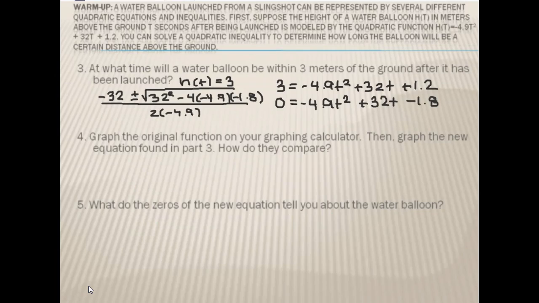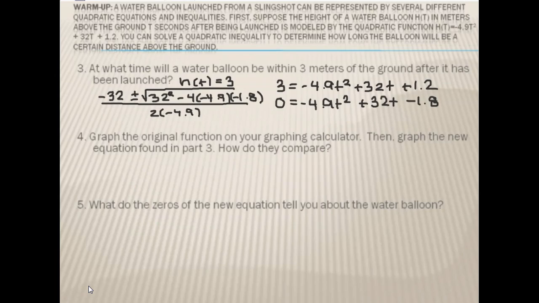So 32 squared minus 4 times negative 4.9 times negative 1.8. That is going to remain a negative because negative times a negative is a negative. So you get 988.72. The square root of that is about 31.44.